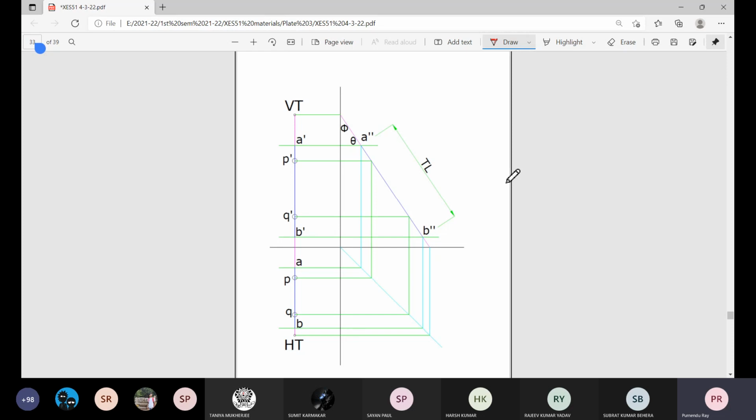In pictorial plane, that projection will give you the true length and true inclination with HP and VP, that is theta and phi. For HT VT, extend the side view A double dash B double dash up to the horizontal axis and up to the vertical axis. Corresponding to the horizontal axis position, find the corresponding plan, and for the vertical axis position, find the corresponding elevation. For elevation, you have to maintain the height. For plan, you have to maintain the relative distance from the vertical plane.